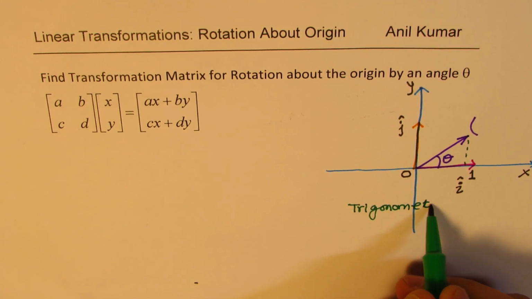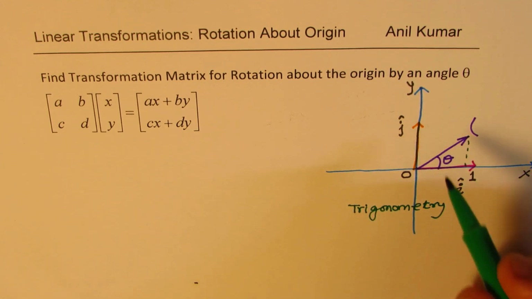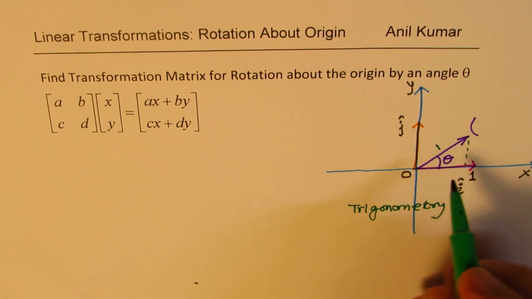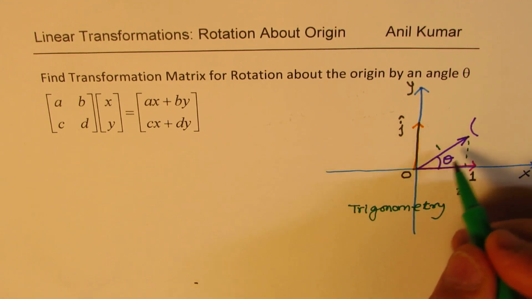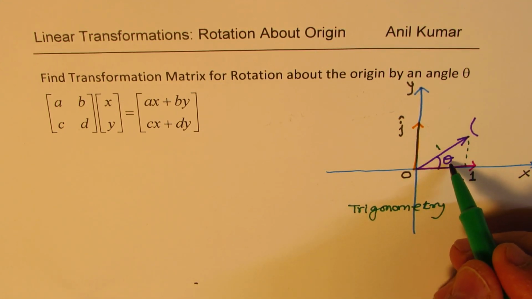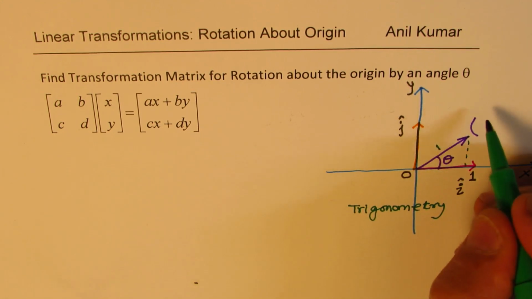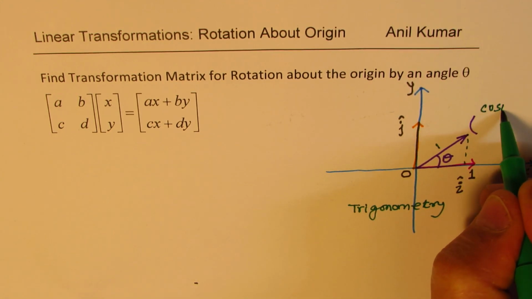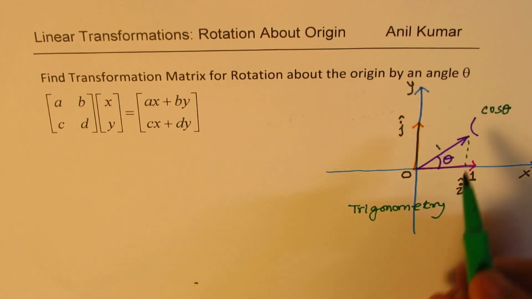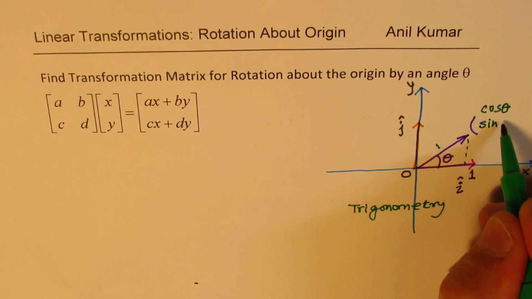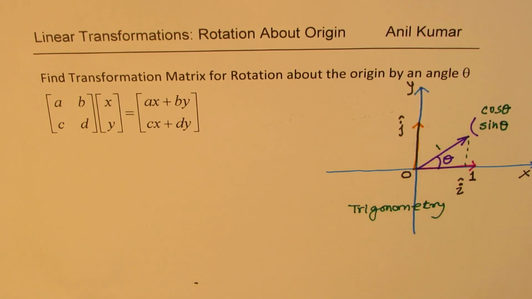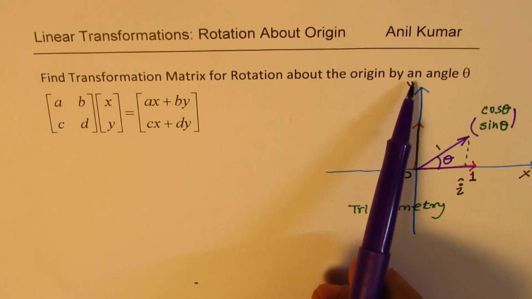Correct? Now you know that if this is 1, then how much is the x value of this point? Well, it is 1 times cosine of theta. So I could write this as cos theta. Correct? How about the y value? I could write that as sine theta. So what I get here is my new location after a rotation about origin by an angle of theta.